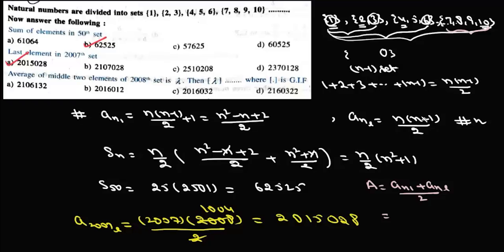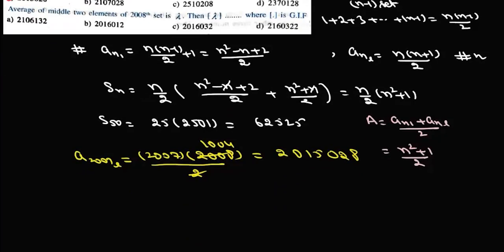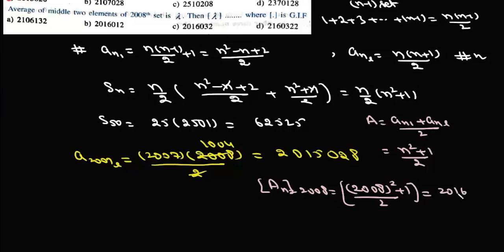Now if we add them, this n square will cancel, so this average will be simply n square plus 1, this whole divided by 2. Now we need this average for n equals 2008, so there will be 2008 whole square plus 1 divided by 2, and we need its integral value. Now this is 2016032.5, so its integral value will be 2016032, and that's your option C.